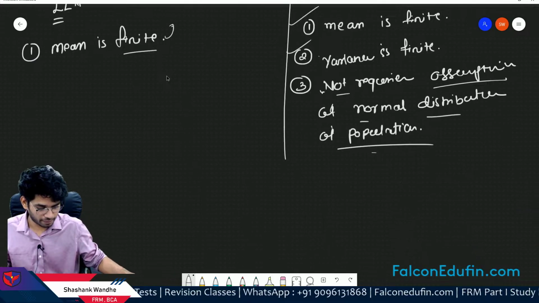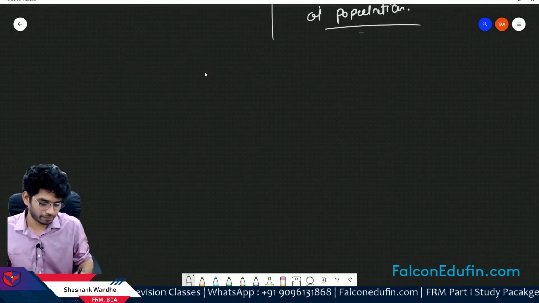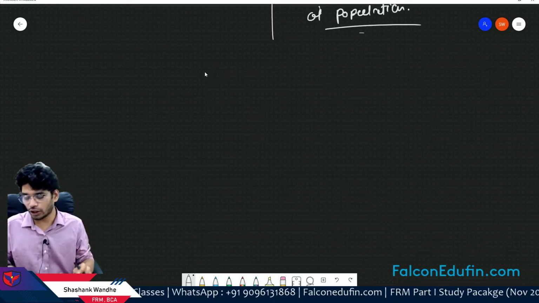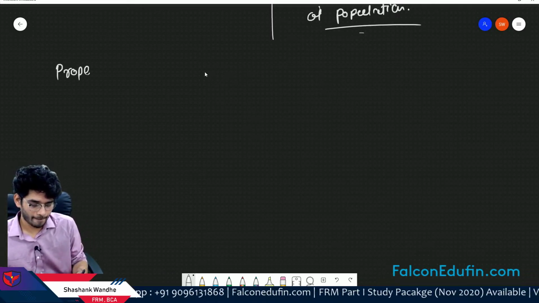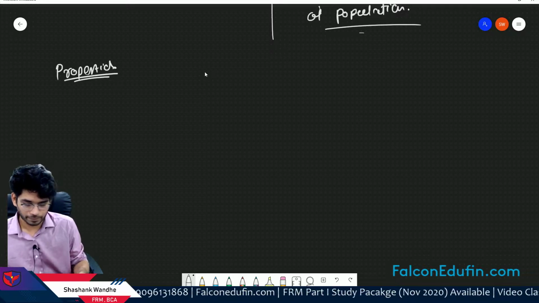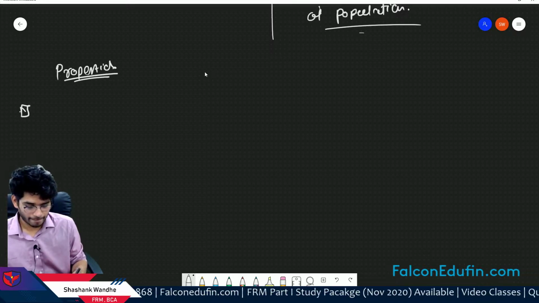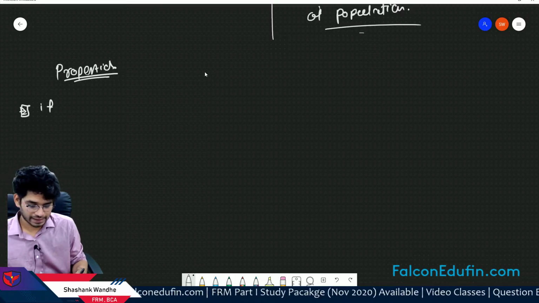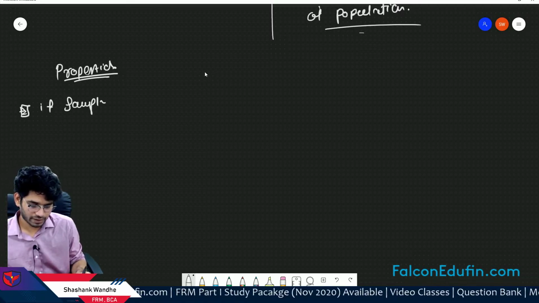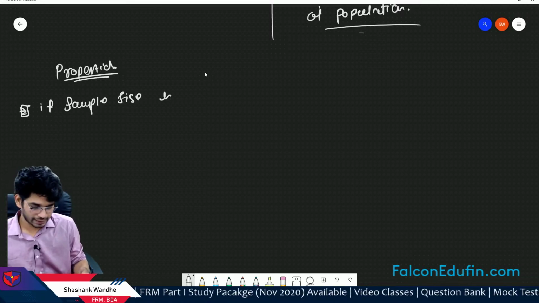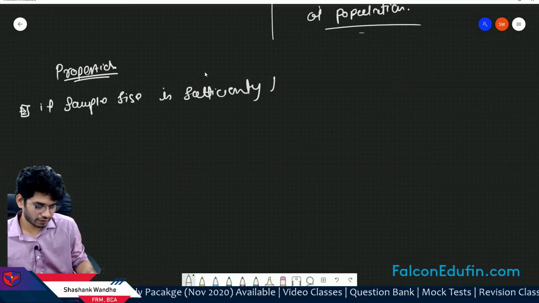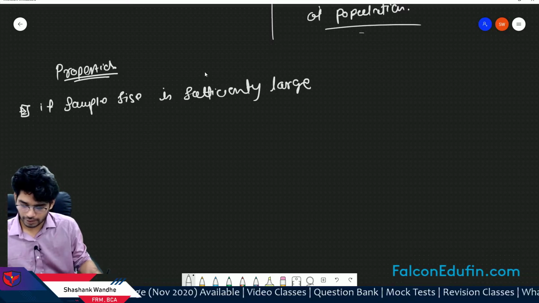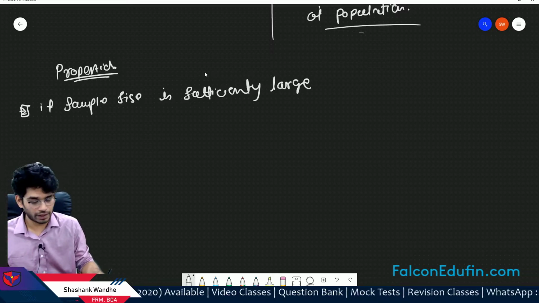Now, properties of CLT. You have to remember them as they are. You already know all the properties; I'm just writing down the statements. So one, if the sample size is sufficiently large, the sampling distribution is normally distributed.